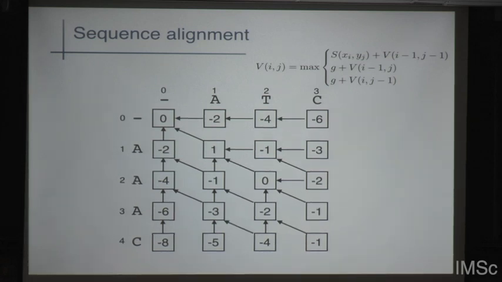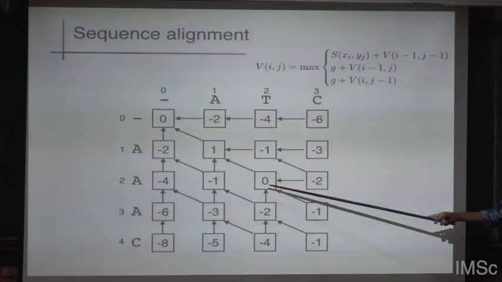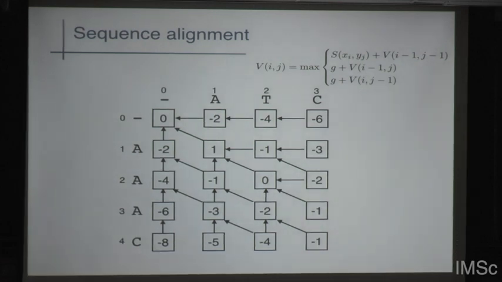This is X, and my Y is ATC, because this is my I and that is my J. So my C gets aligned with a C. Now I'm in the minus 2 box over there. I can either go there, go here, or go there. You can pick one. What would you like to pick? Up. How many want an up arrow? Okay. So then everybody else wants a diagonal arrow. Let's pick the diagonal arrow.